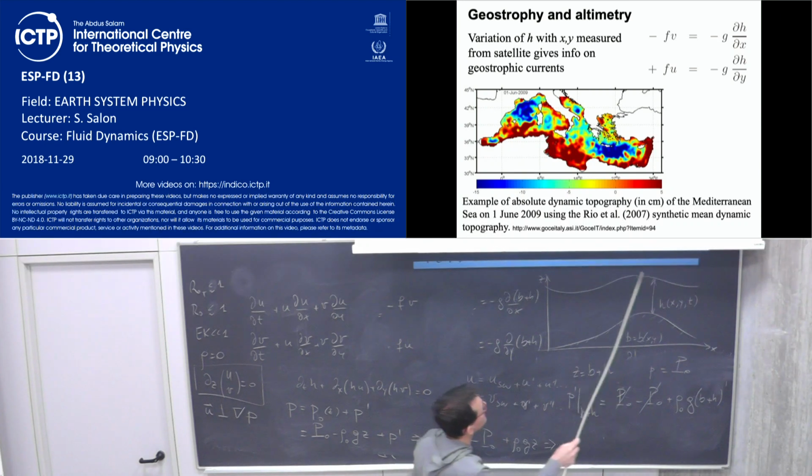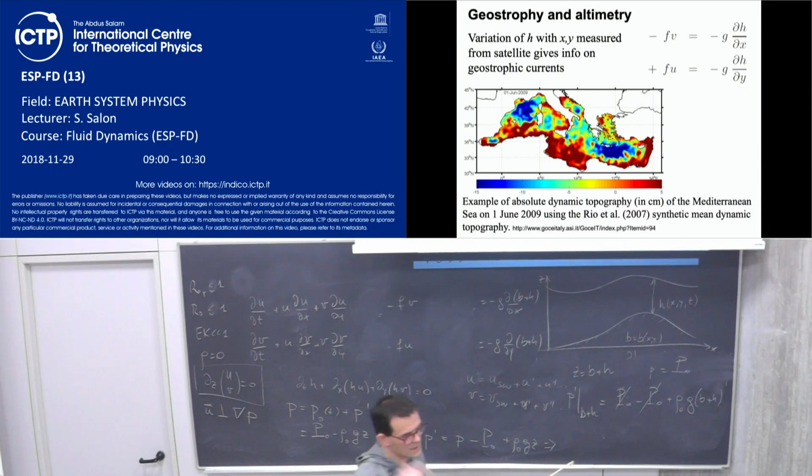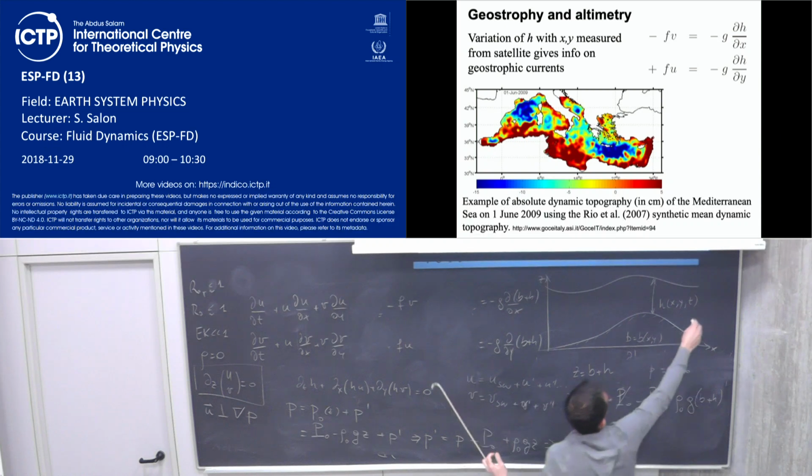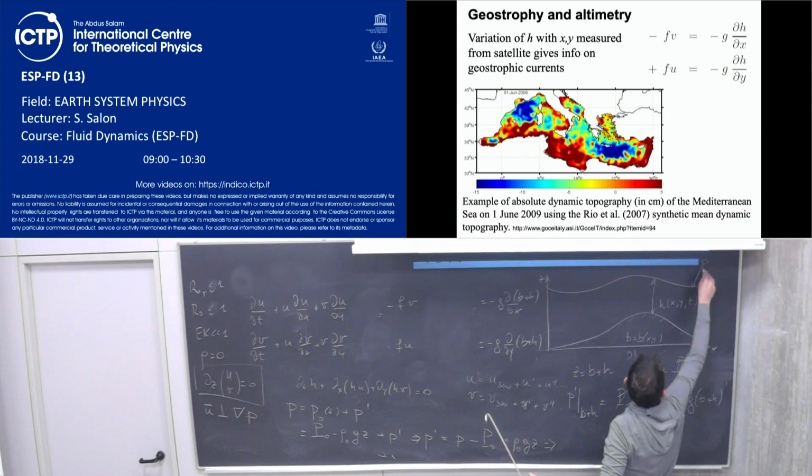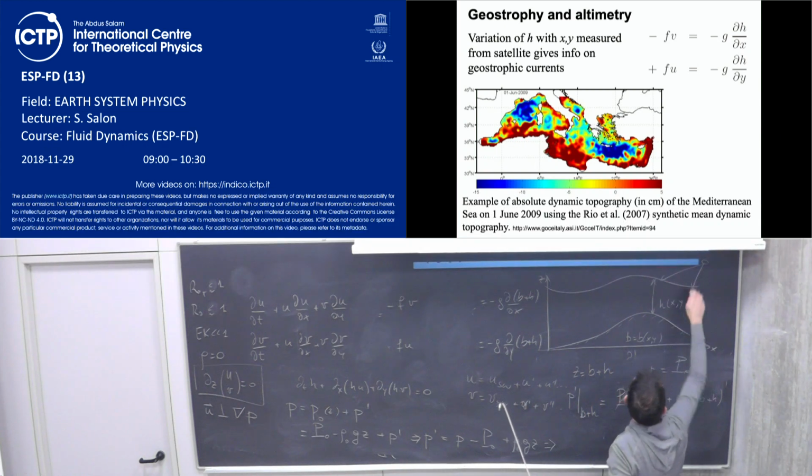The satellite sends a signal and receives the signal. If the distance is smaller, you can have a different signal.